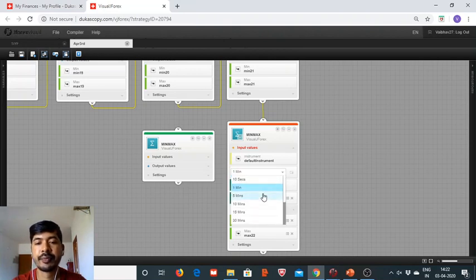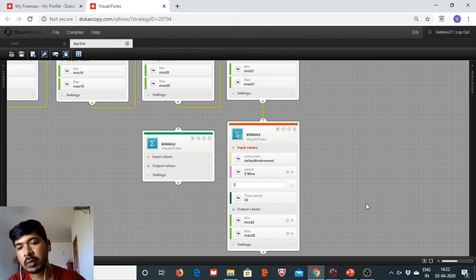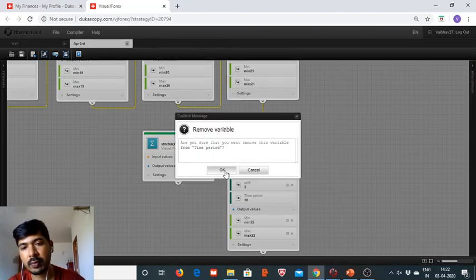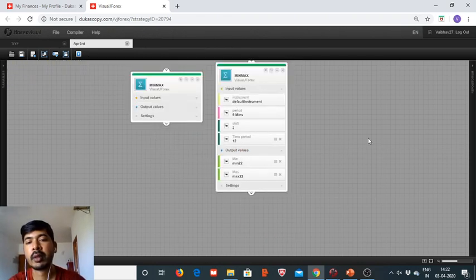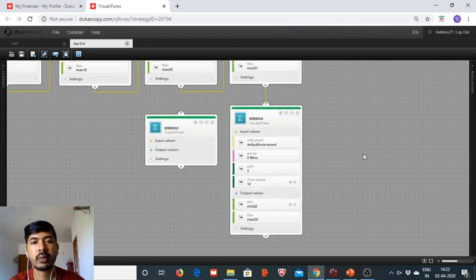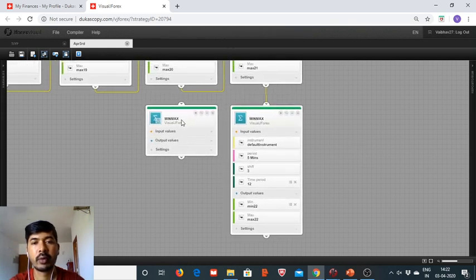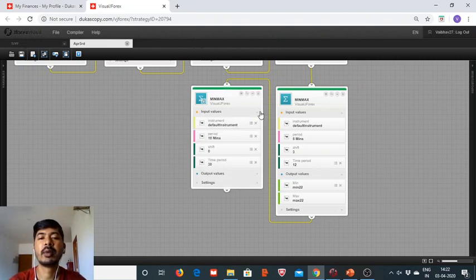Shift will be 3. Time period will be 12. And here bid and the low price. And in another candle we will go for ask and the high price to find the maximum. On the bid side we will take the minimum value.